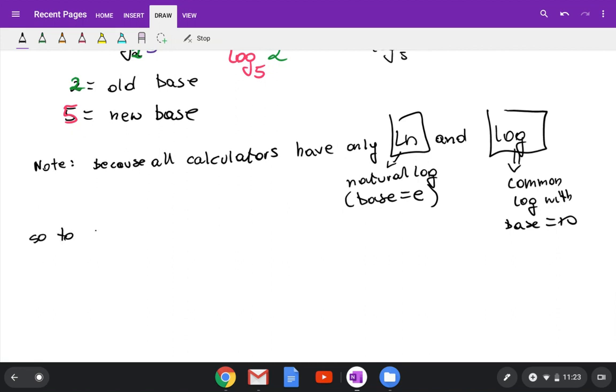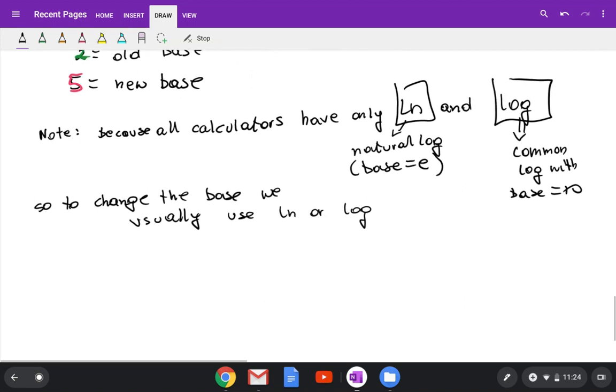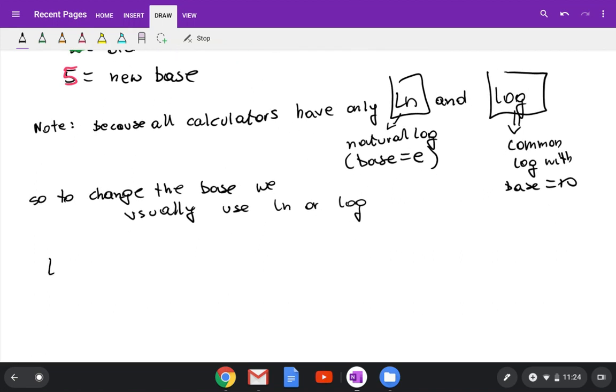So to change the base, we usually use ln or log, common log. So I'm going to rewrite this.